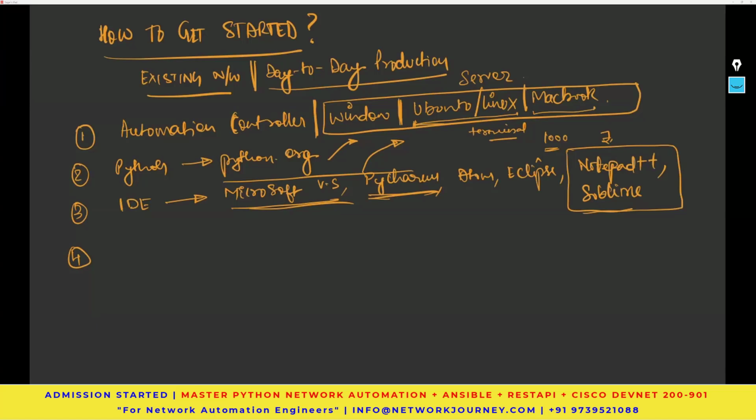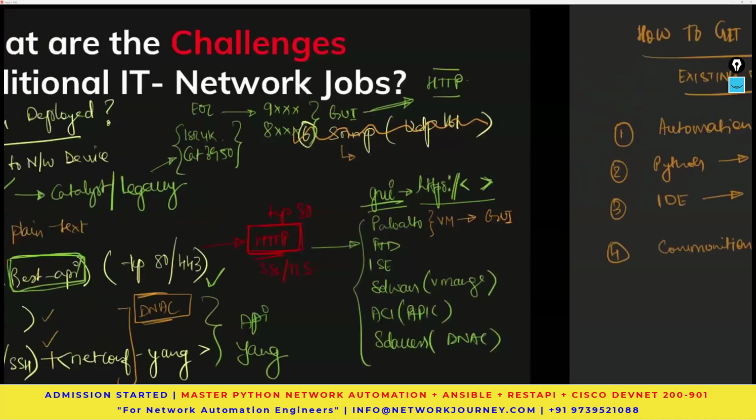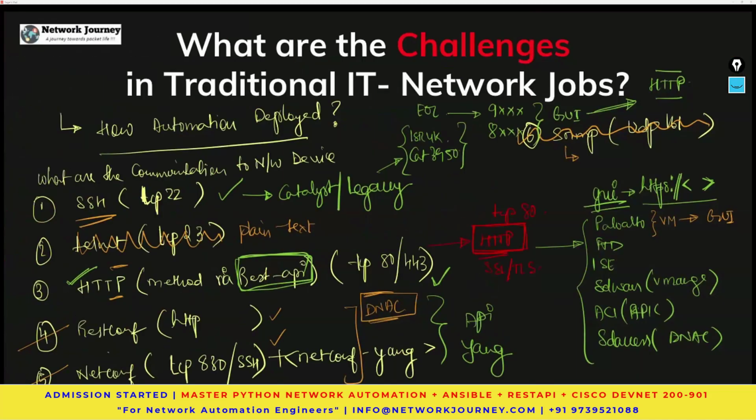Okay, what else is needed apart from Python and the IDE? You need the communication protocol, because you'd be talking to the device now, right? That we already discussed in our previous slide. So I will know about my network, whether I have SSH allowed or HTTP allowed or any other things allowed.